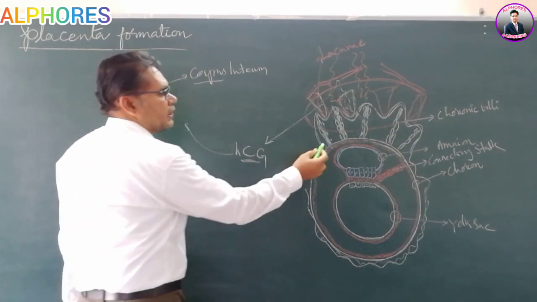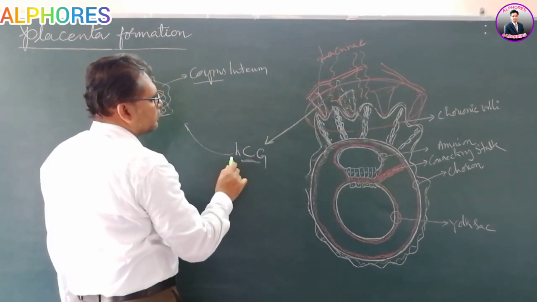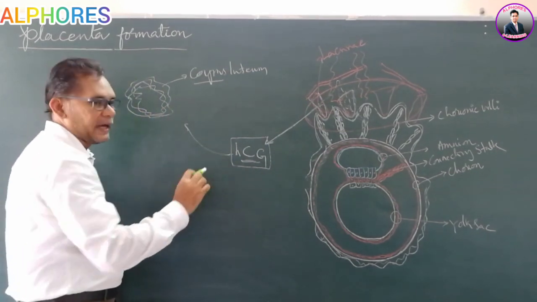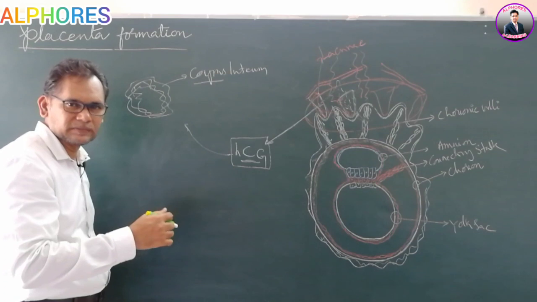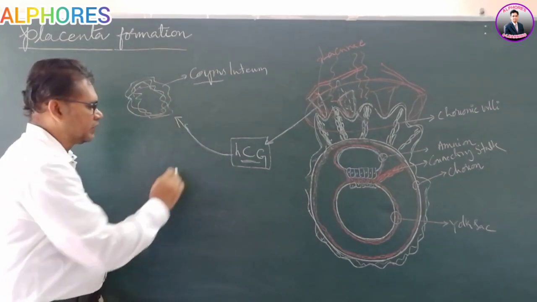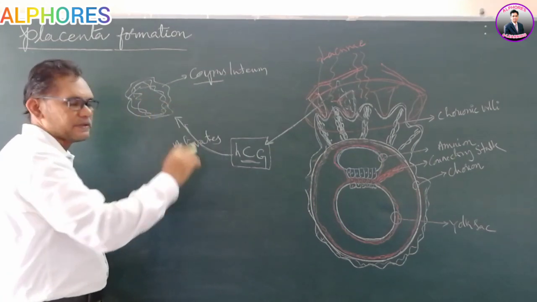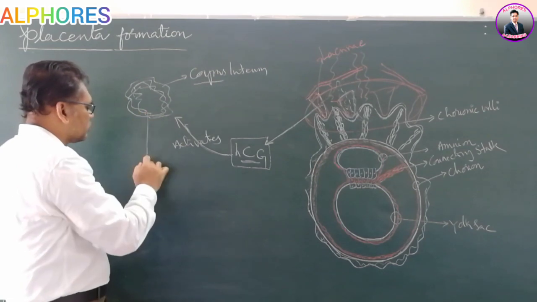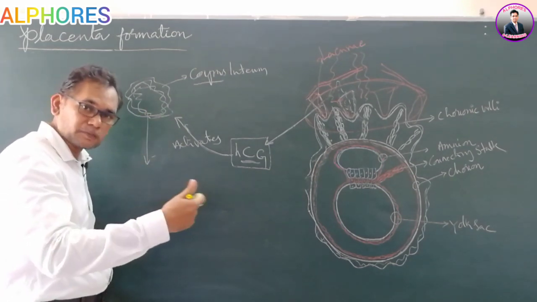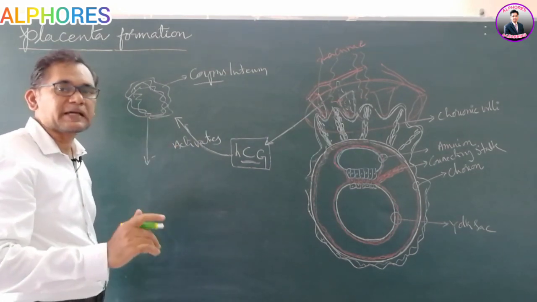But here, after the attachment, the placenta produces human chorionic gonadotropin, which has an effect like that of LH, and it activates the corpus luteum. Then the corpus luteum begins to release progesterone for 3 to 4 months. Now, this corpus luteum is called the corpus luteum of pregnancy.